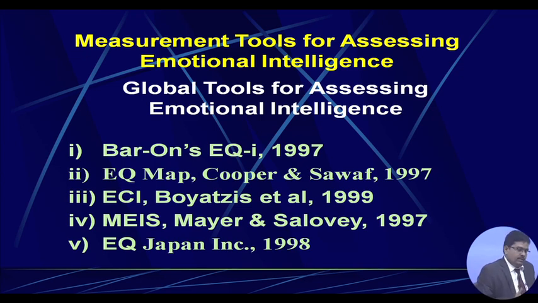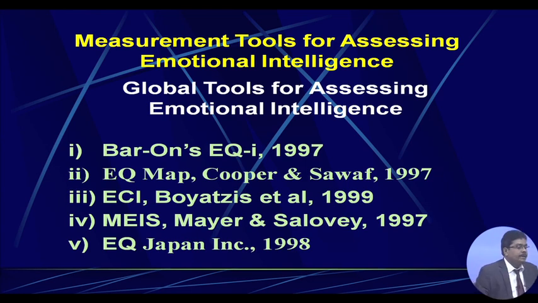So, looking at the multiple facets of the scale, psychologists have tried to make use of this test for multiple uses. However, thereafter many other techniques and tools have come up.